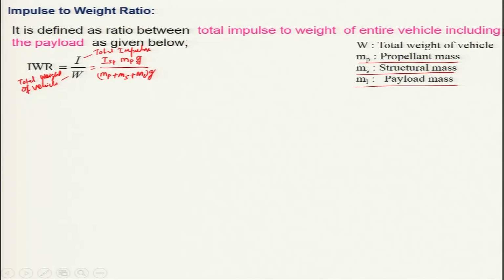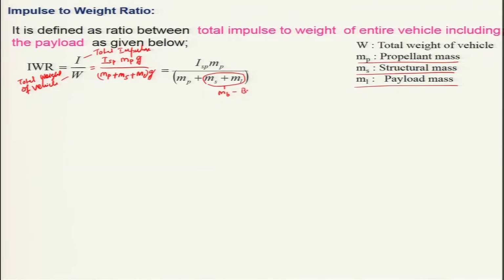So, you will get IWR, that is the impulse to weight ratio, which is basically the specific impulse into the mass of the propellant divided by the mass of propellant plus structural mass plus payload mass. Keep in mind that these we call the inert mass, or sometimes the burn out mass.